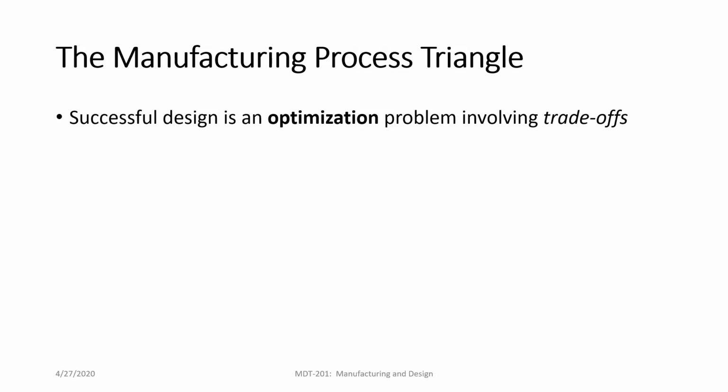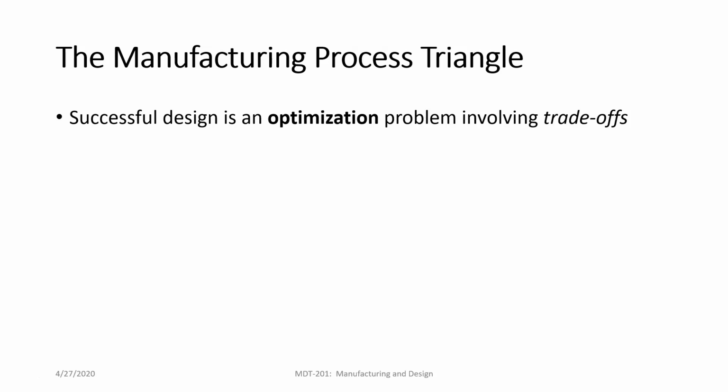So successful design is really an optimization problem that involves a lot of trade-offs. Optimization basically means there's too many variables for us to take it all in. There's thousands and thousands of variables and decisions that go into product design, so we can't get a handle on those. So we have to identify the ones that are most important, or that we feel are most important, and try to drive towards optimizing those, making those the resonant factors. And those are all going to involve trade-offs.